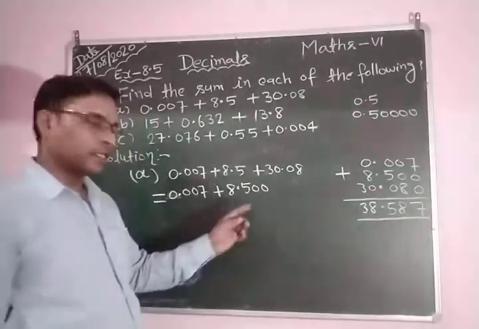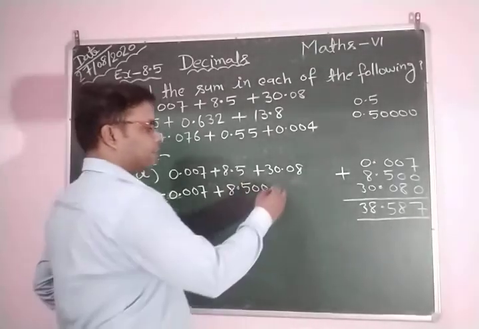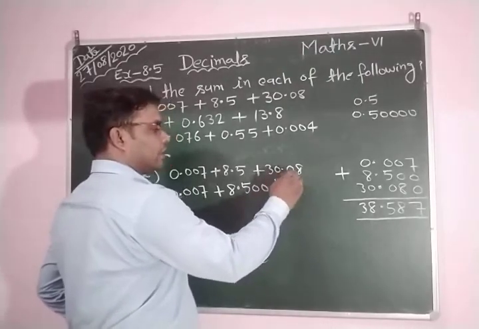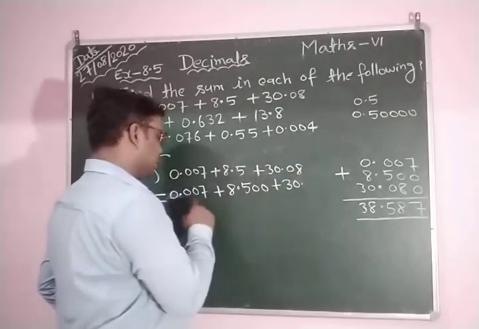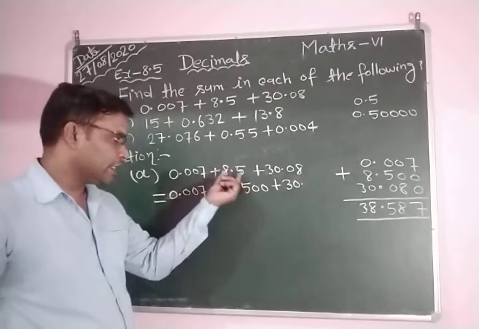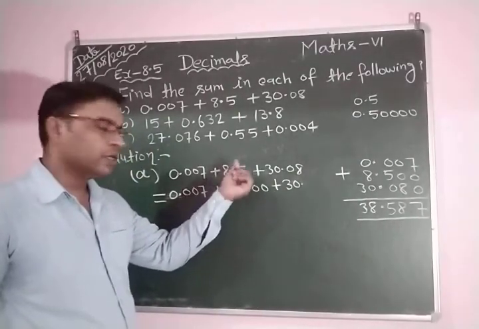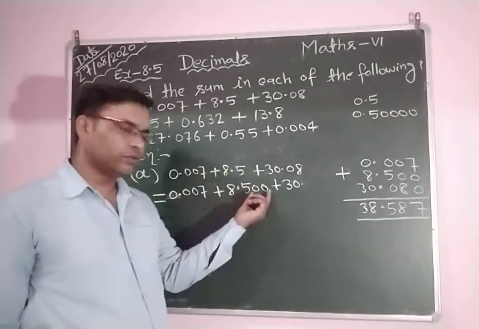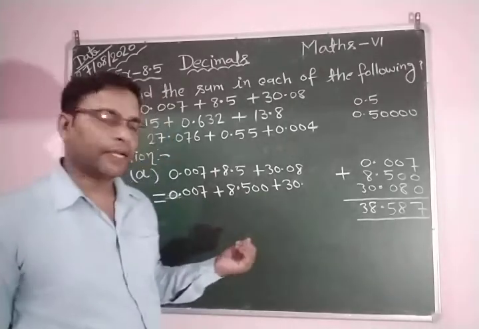This is also a thousandths place, and here plus 30 point. After the decimal here 2 digits, but here after the decimal 3 digits. So we change it, and after the decimal only 1 digit. So we can make it 3 digits after the decimal. So we use 00 here to the right of 5.